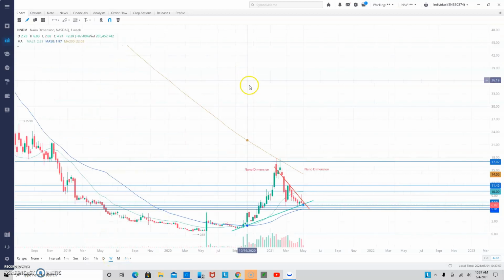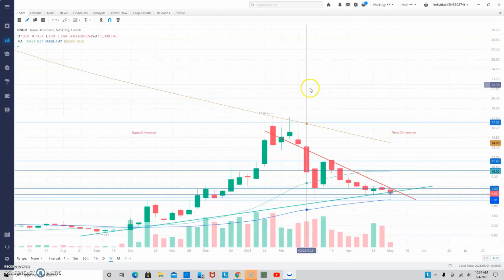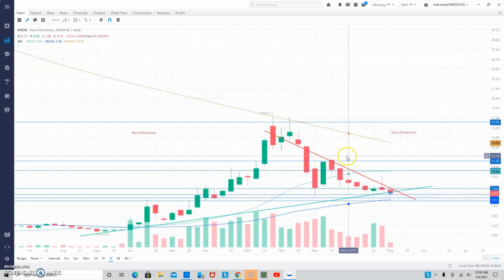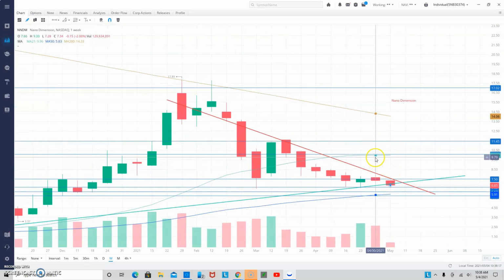Let's switch over to the weekly here and check out what we're looking at. And as you can see on this weekly, we're still stuck in this downtrend. We had the intraday on the weekly. It looks like it went all the way up to this 21-day moving average on the weekly chart, and it got rejected. It didn't even make it all the way up there, and it sold off.